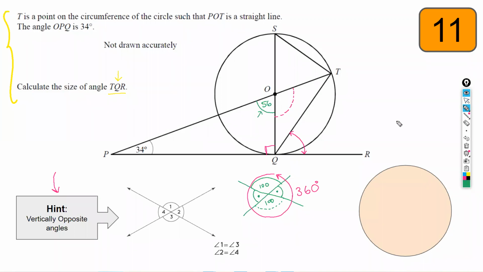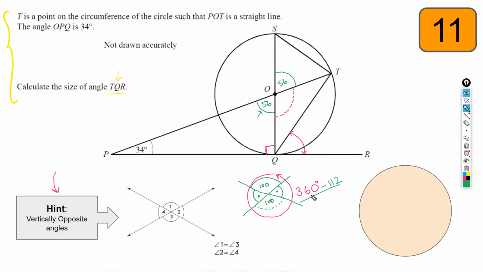Okay, so we get the colors here. If here is 56, then over here is also 56. So if you add these two, you can minus it from 360. So 56 plus another 56 is 112. So the remainder now will be shared equally between the remaining two.